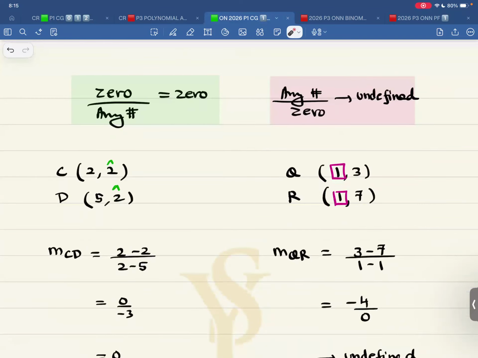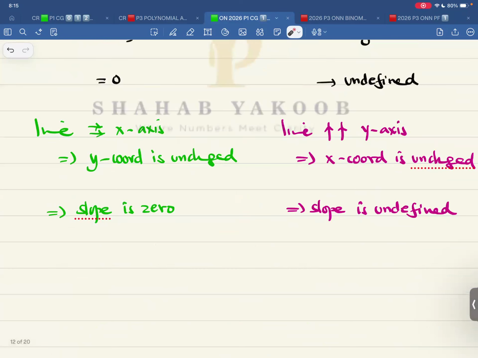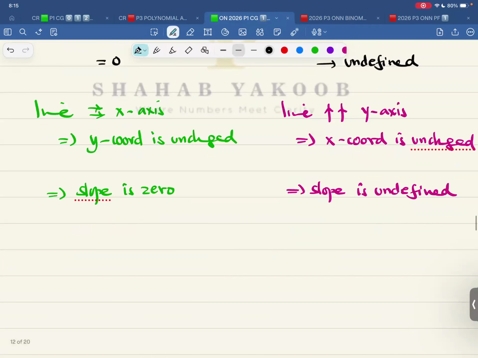We also talked about this concept. I'll skip right now. The logic, you have to watch the video. Line parallel to x-axis, y-coordinate is unchanged, slope is 0. Line parallel to y-axis, x-coordinate is unchanged, slope is undefined. The equation is of the form y is equals to a constant. The equation is of the form x is equals to a constant.